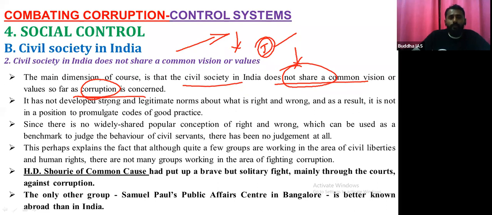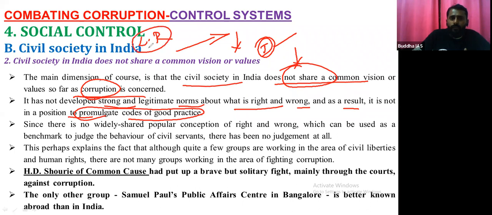It has not developed strong and legitimate norms about what is right and what is wrong. And as a result, it is not in a position to promulgate a code of good practice. Our laws, our rules and regulations, are a reflection of what people think is right or wrong.